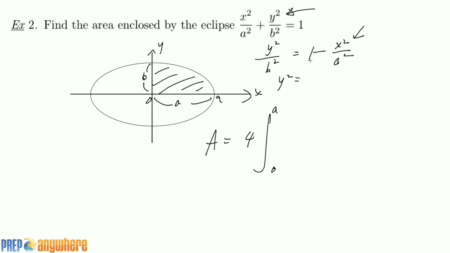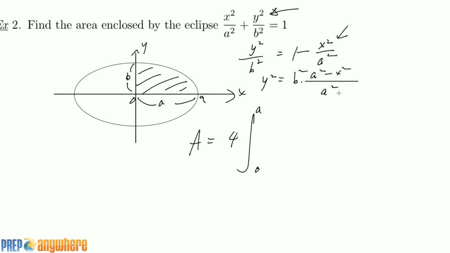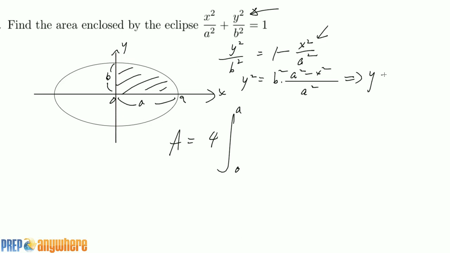Before I do that, actually, let me add this together first, and you get a squared minus x squared all over a squared, and then you're going to multiply by b squared. So if you isolate y, you get the square root of b over a.